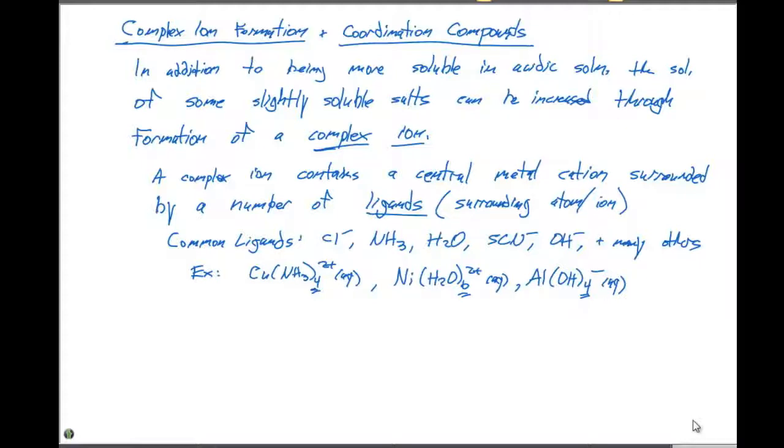So the next question that you typically get is, how do I know when these complex ions will form? And how do I know how many ligands are going to surround the central transition metal ion?